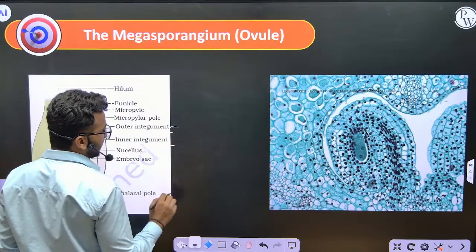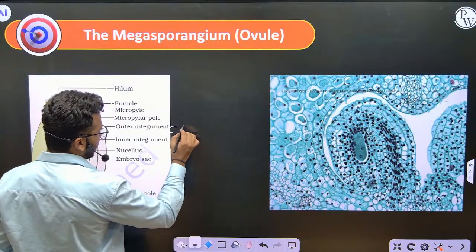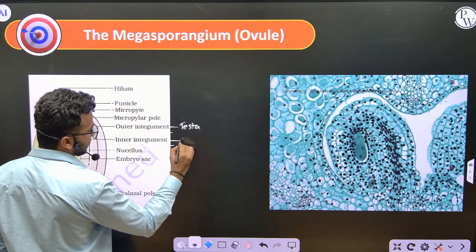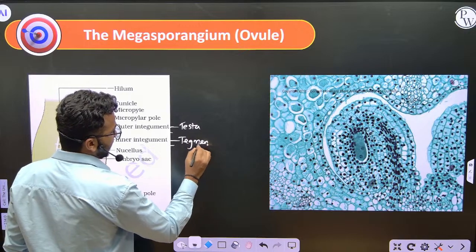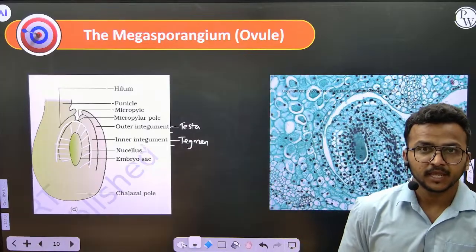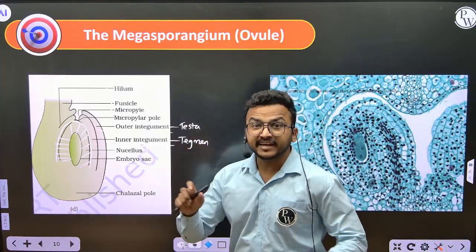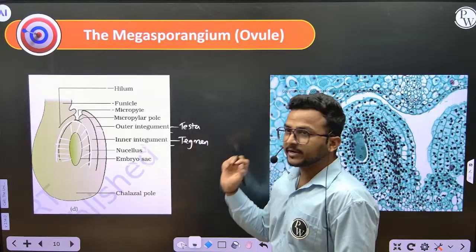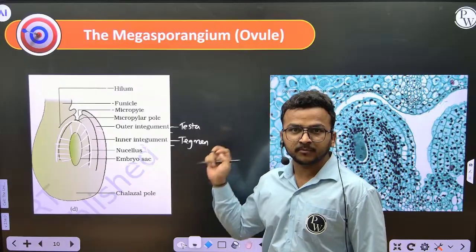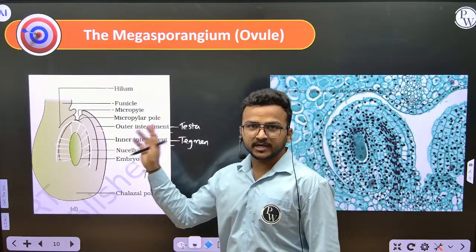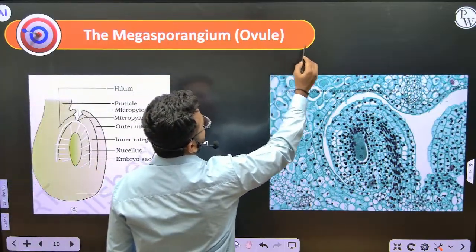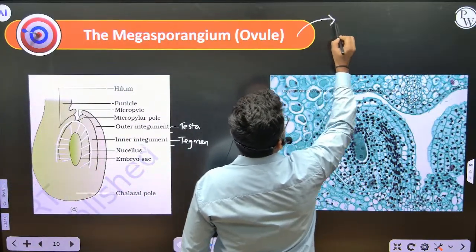After fertilization, the outer integument is going to form the testa, and the inner integument is going to form the tegmen. This is from 11th grade morphology of flowering plants, where the seed coat is made up of the outer testa and the inner tegmen. Those come from the outer integument and inner integument of the ovule.